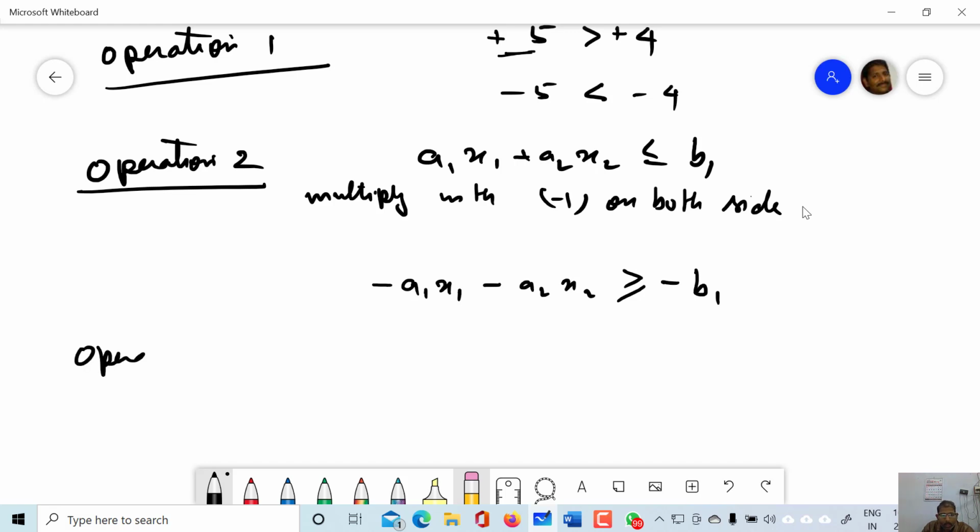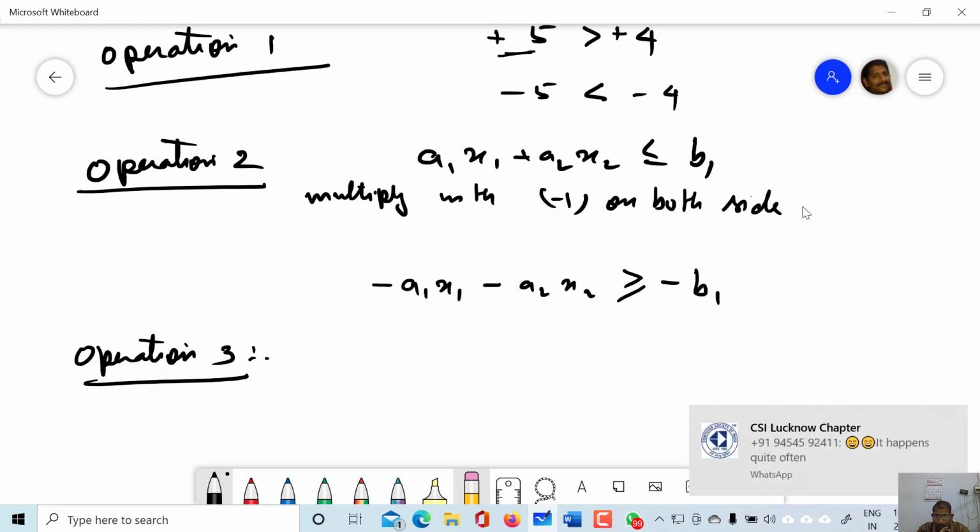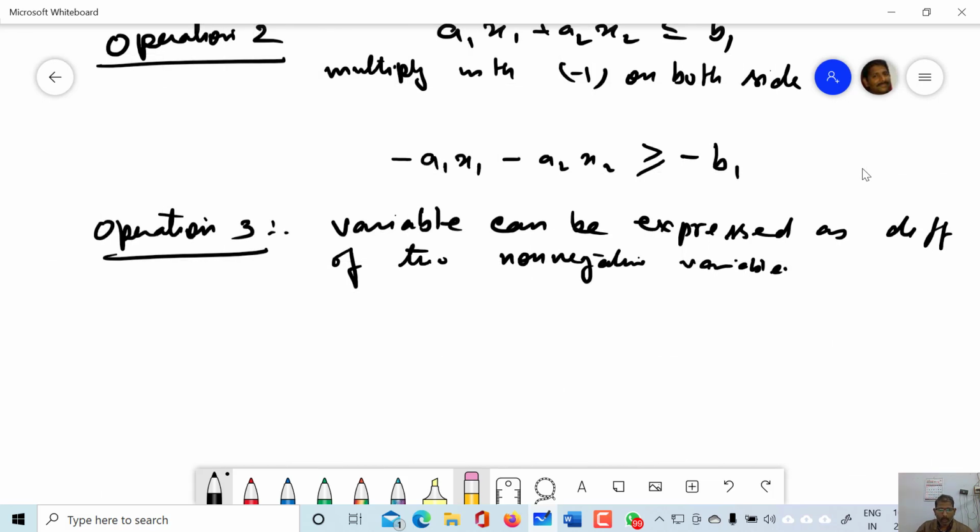What is operation 3? In the case of operation 3, a variable of arbitrary sign can always be expressed as the difference between two nonnegative variables. Suppose I am writing the equation as a1 x1 plus a2 x2 less than or equal to b1. This was the same equation I have written.